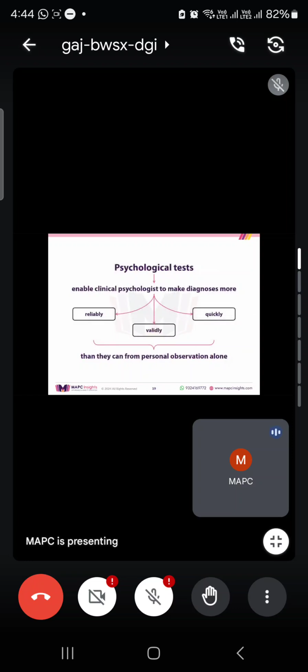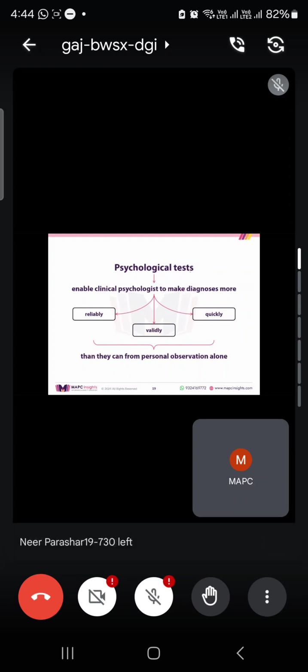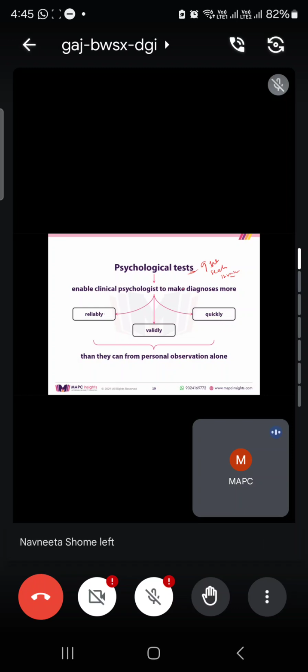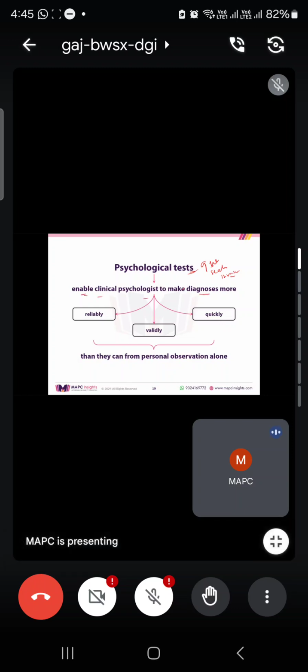The psychological tests are mostly questionnaires, scales, inventories. These are synonyms. This enables clinical psychologists to make diagnoses more reliably, validly, and quickly.